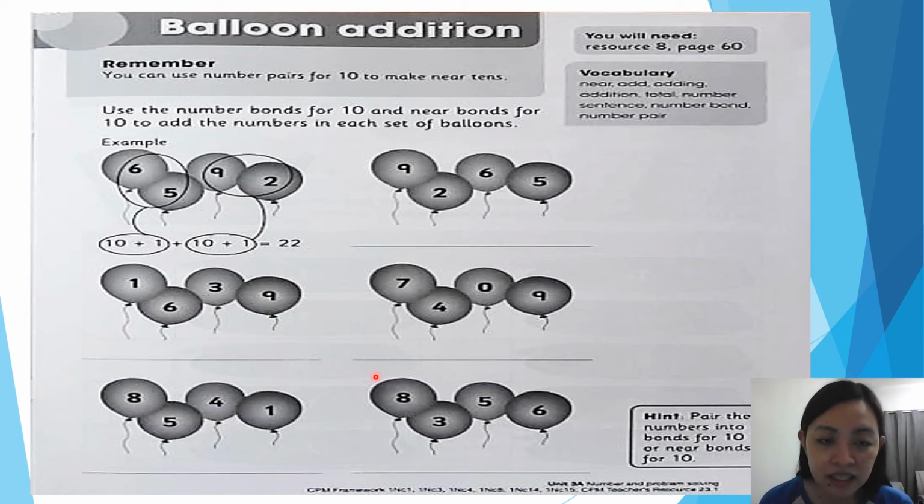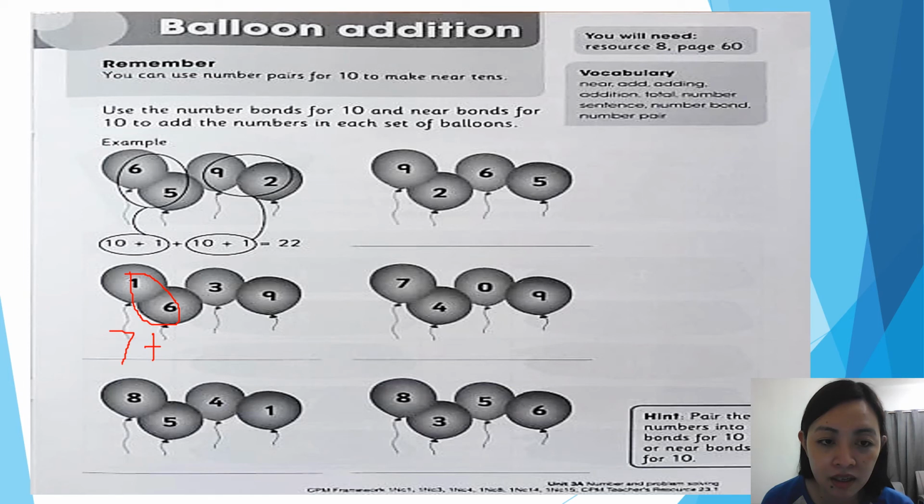Okay, are you done? So let's answer. Okay, let's see. 1 and 6 is equal to 7. We did not divide it into tens and ones because 7 is below 10.